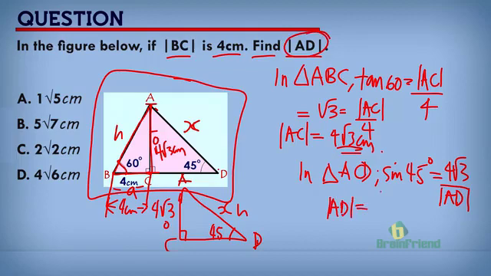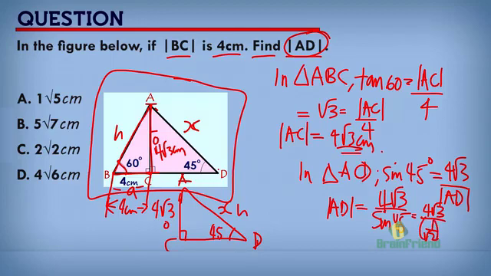Cross multiplying, line AD is simply 4 root 3 over sine 45 degrees. From the ratios derived earlier, sine 45 degrees is same as 1 over root 2. Okay?